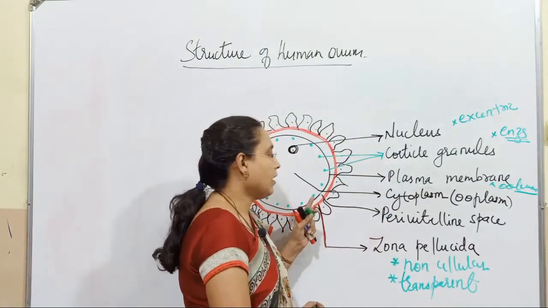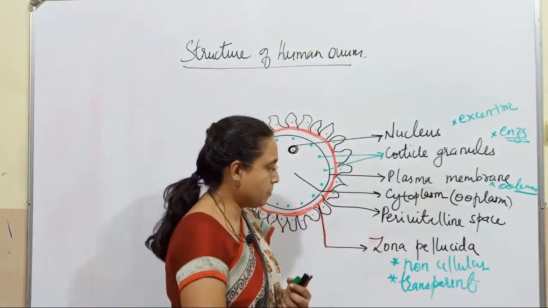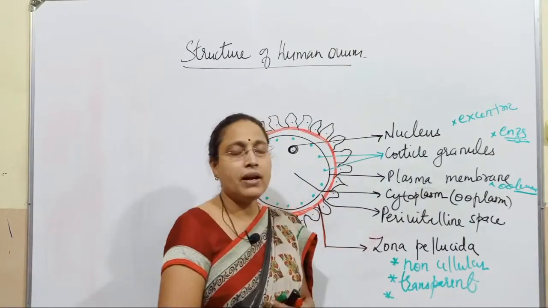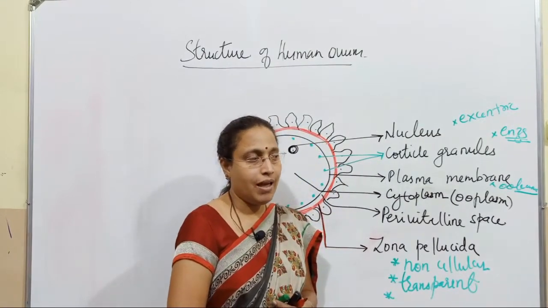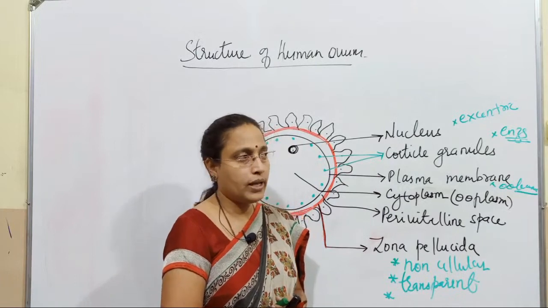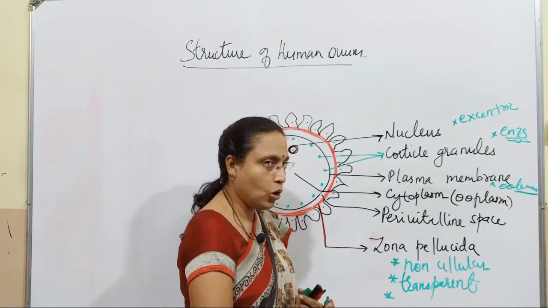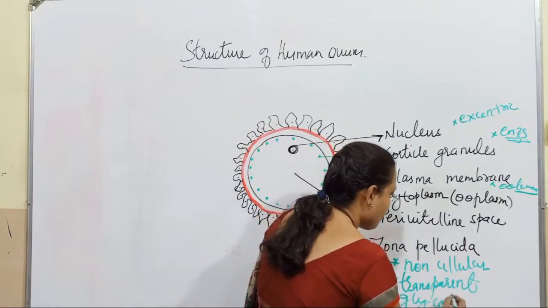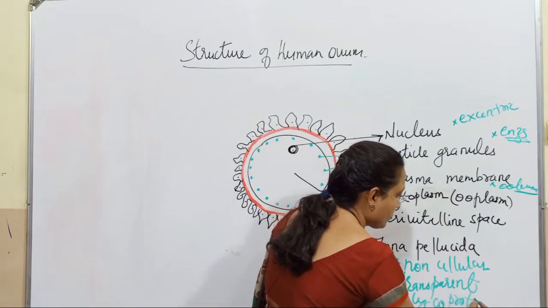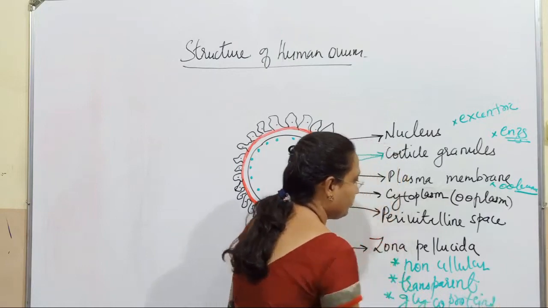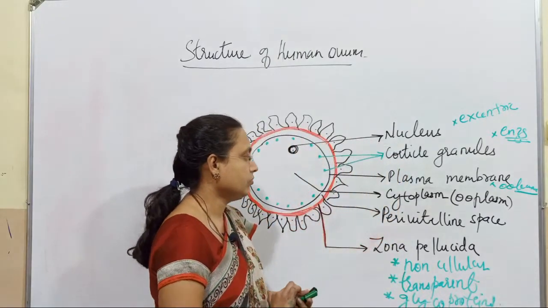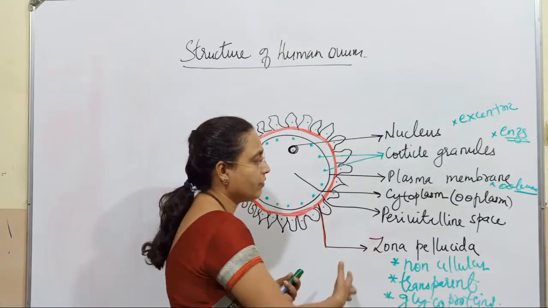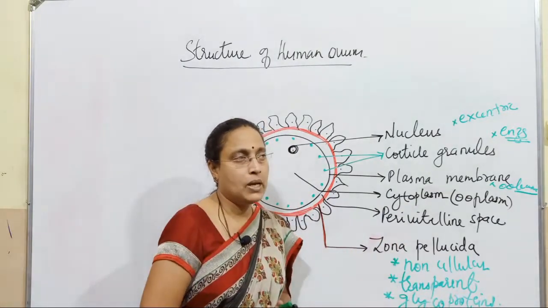So basically, the features are that it is transparent. Third, there is one abundant chemical in zona pellucida, and that is glycoprotein. So zona pellucida is rich in glycoprotein. These are the features of zona pellucida.